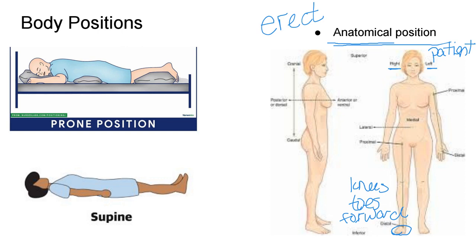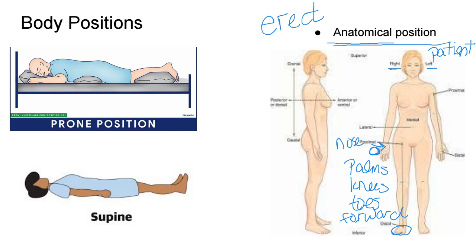Okay, what else is forward? You notice the palms there are forward. So the palms are forward, which makes their thumbs face to the outside. Okay, and that's how they will stand. Their nose is also forward. Okay, so the nose, palms, knees, toes, all of these face forward. You'll notice she doesn't have her head rotated to the side. Okay, and that is anatomical position, standing straight up.